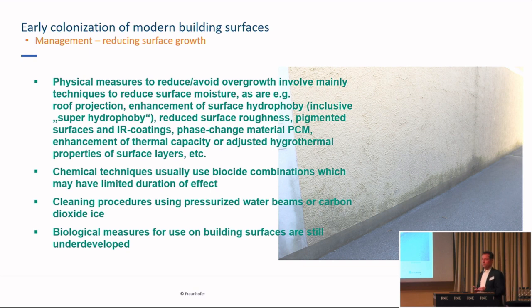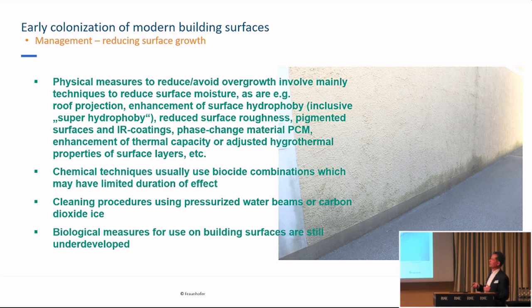Now I come to management of surface growth on masonry, and there are a lot of physical measures you can take, but usually they aim to reduce the water, the moisture on the surface.